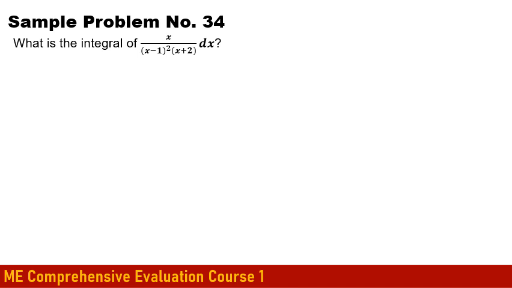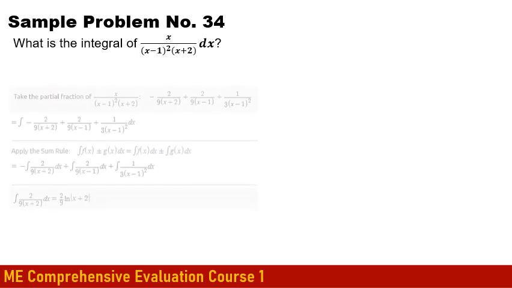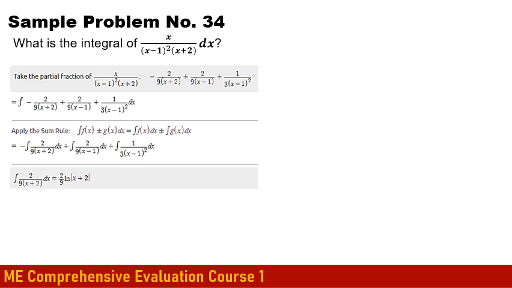So then, what is the integral of x dx over x minus 1 squared and x plus 2? So take the partial fraction first of x over x minus 1 squared multiplied by x plus 2.